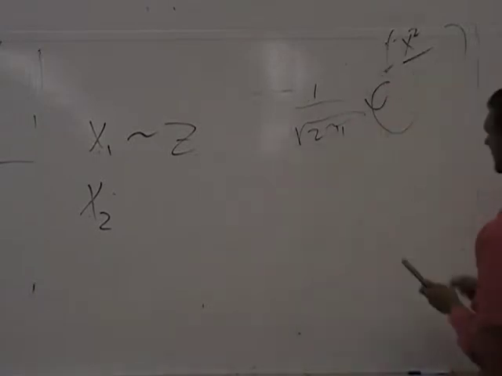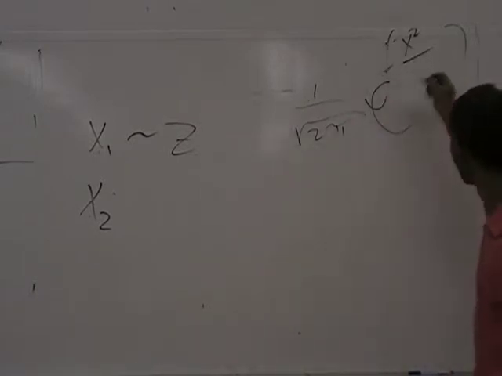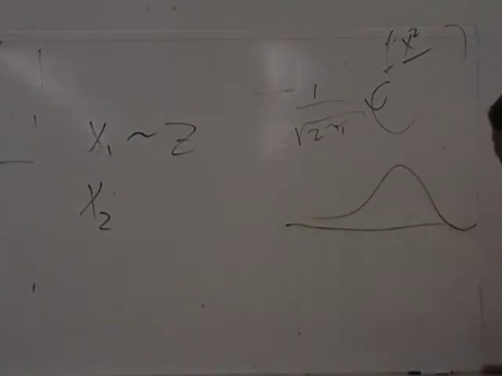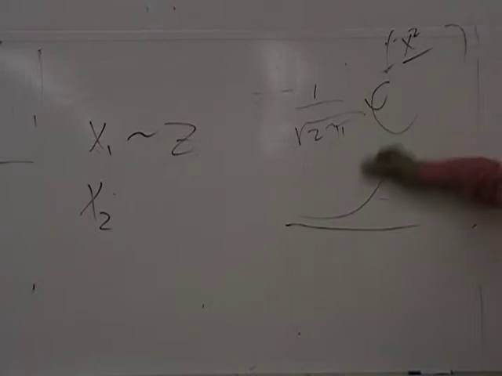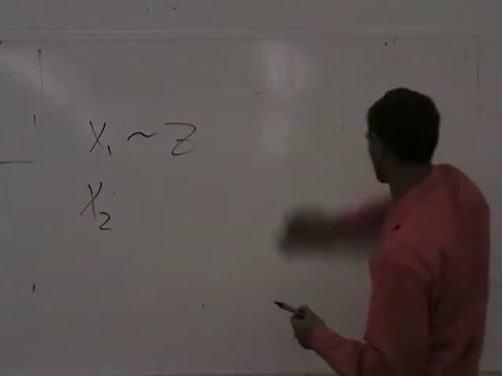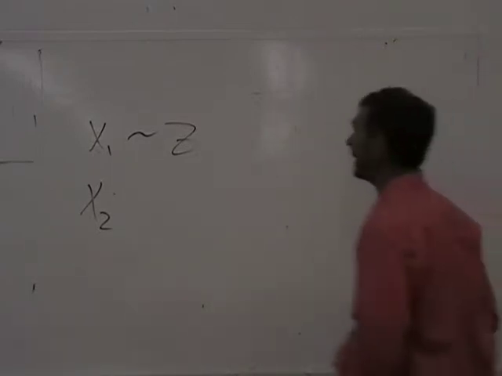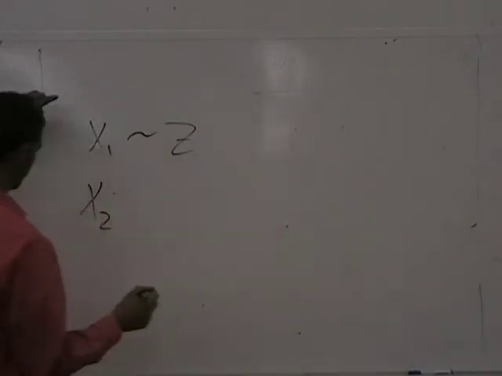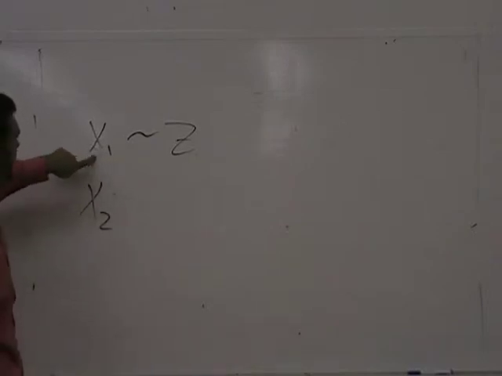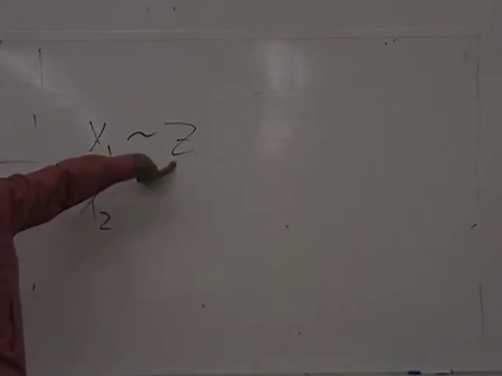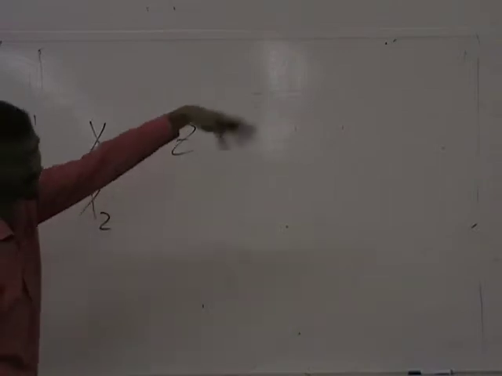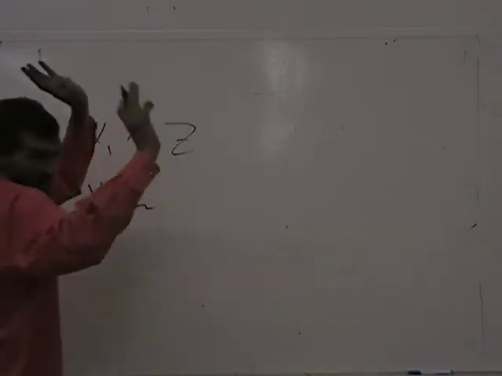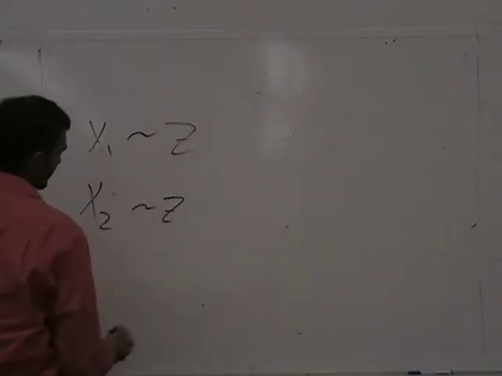Okay, that's the function f of x that gives you the bell curve. This thing can be a random sample from the z distribution. And this thing also is some generic random sample that follows the z distribution.